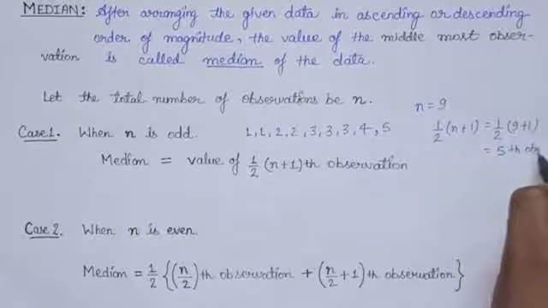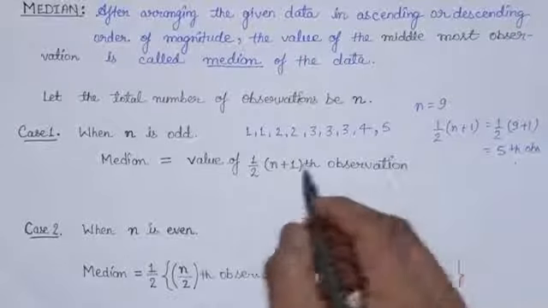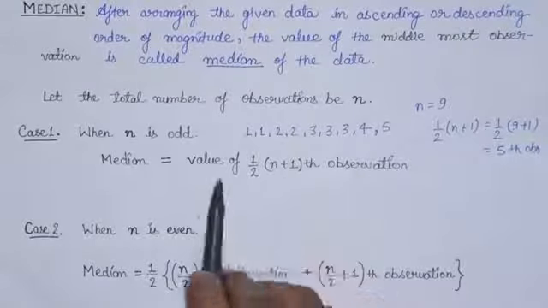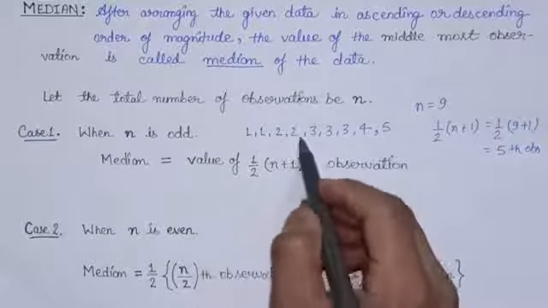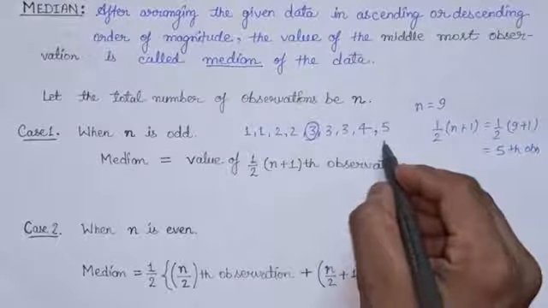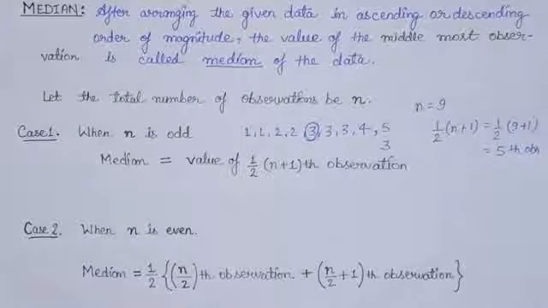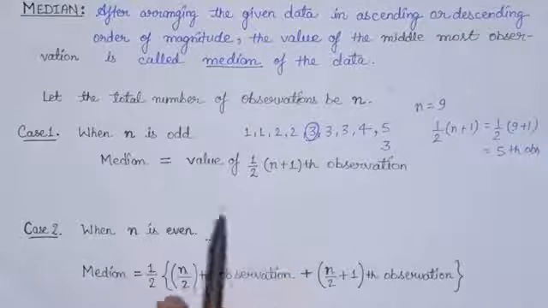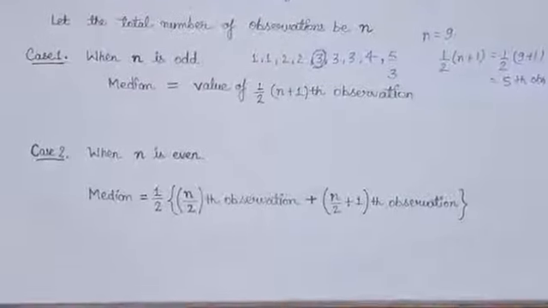The value of the 5th observation gives the median of this data. So let us see: 1, 2, 3, 4 and 5. This is the 5th observation, so our answer is 3. I hope you have understood how to calculate the median of a given data if the number of observations is odd.